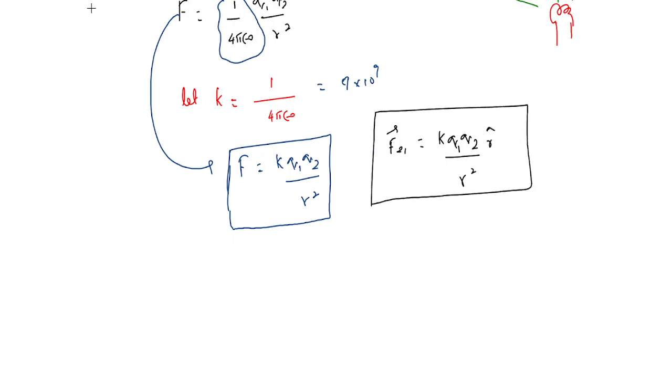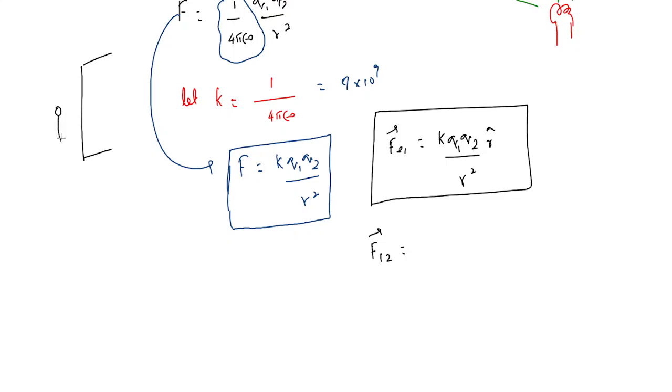Now remember that a unit vector is used only for direction purpose. I will find the force on 1 because of 2. Now even this will have the same magnitude. That is because from Newton's third law of motion, we know that for every action there is an equal and opposite reaction. For example, think of a wall like this.